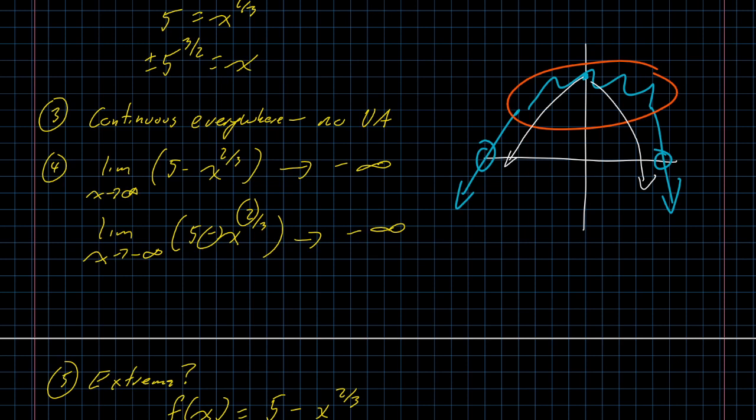And since there's only one extreme point, well, it can't be going upward at any point near. So that point has to be a local maximum.